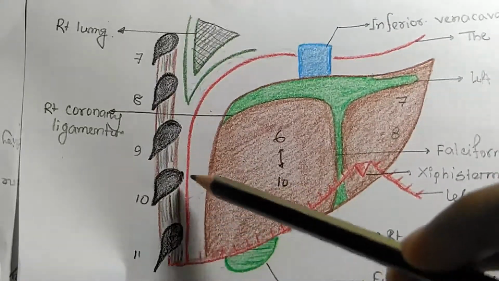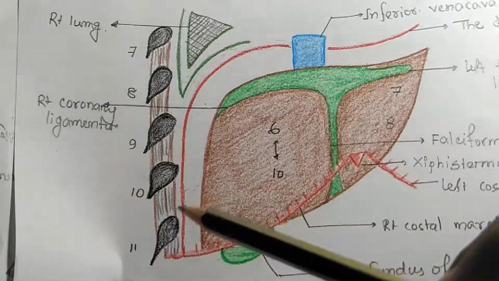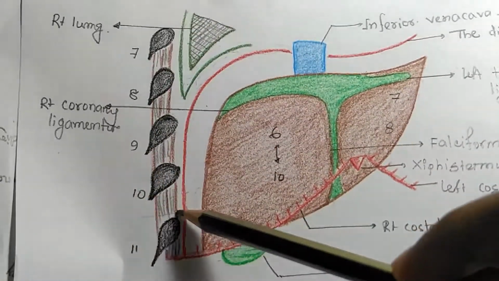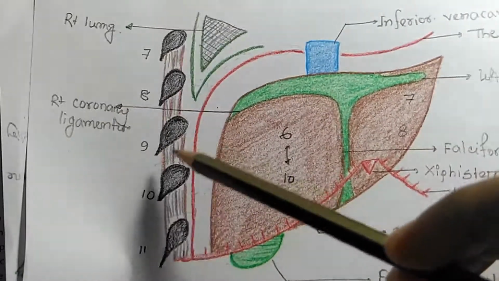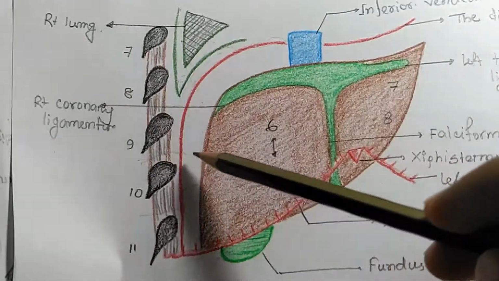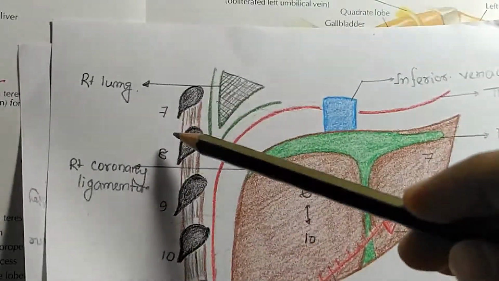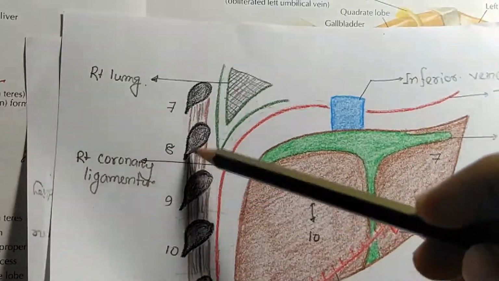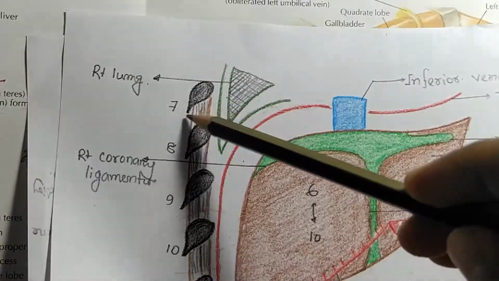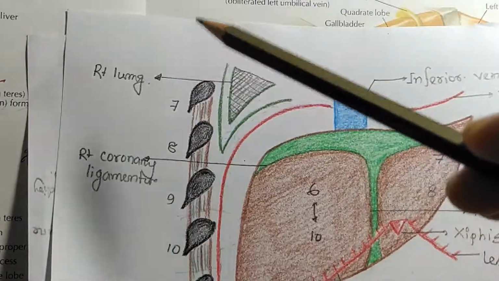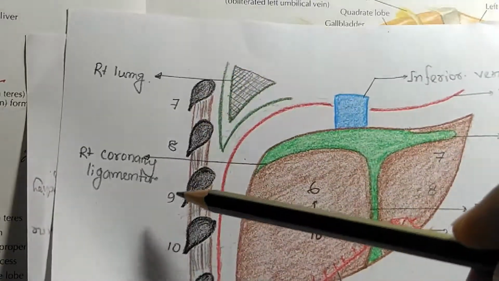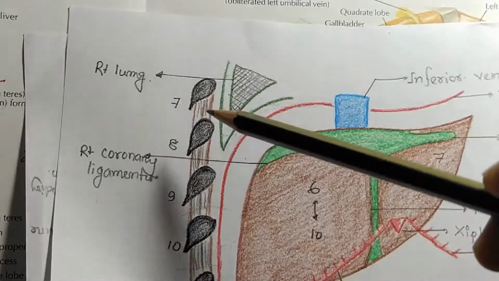Okay, so if any fluid collection or abscess occurs in the lateral aspect of the liver, that fluid can be extracted or removed through the space between two ribs. So between the 9th and 10th ribs is very popular for taking any fluid from the liver, and between the 8th and 9th or 7th and 8th intercostal space is very popular for removing pleural fluid, that is pleurocentesis or pleural fluid aspiration.